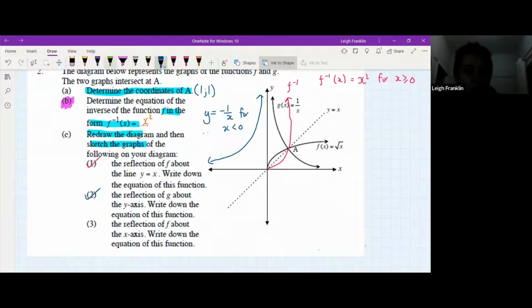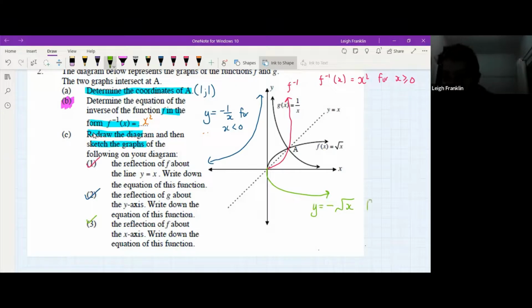And the last one, let's do it in green. If we now need to reflect f about the x-axis, it's going to end up looking like that. Then this would end up being y equals, because we've reflected it over the x-axis, y changes sign, and that's why it becomes negative root x.